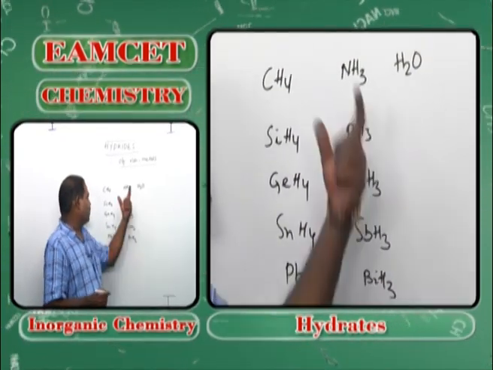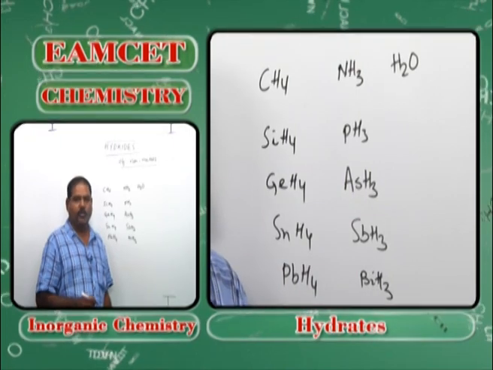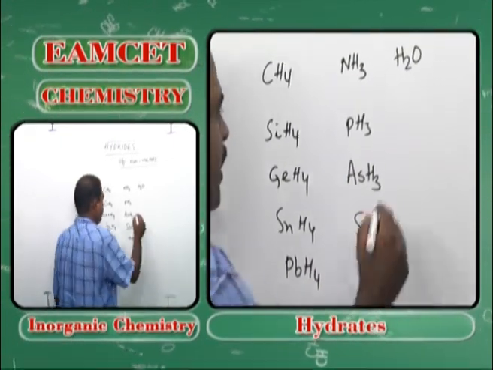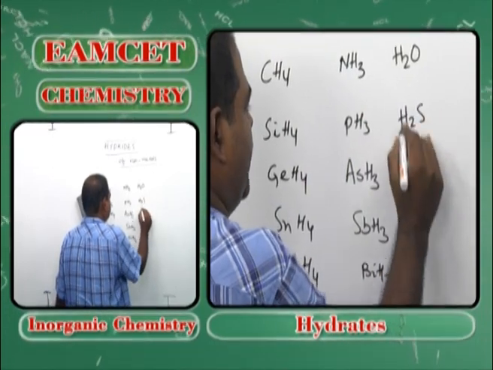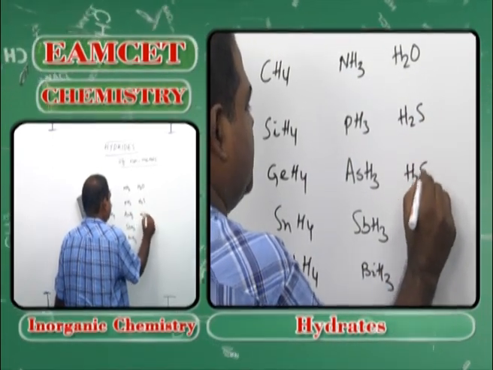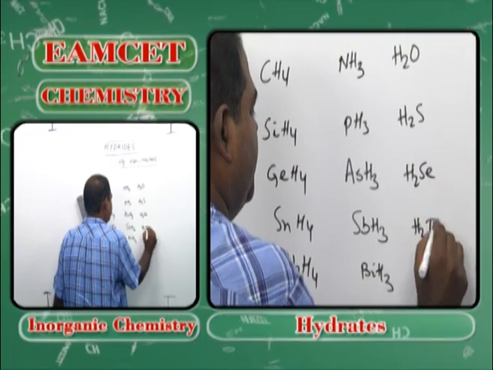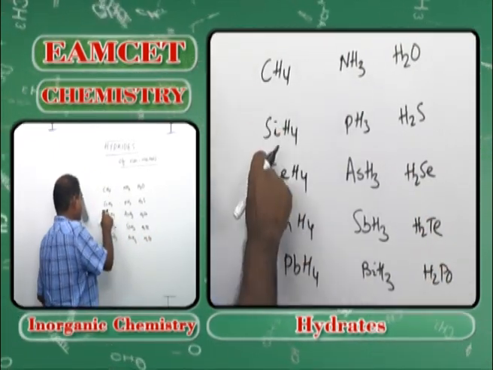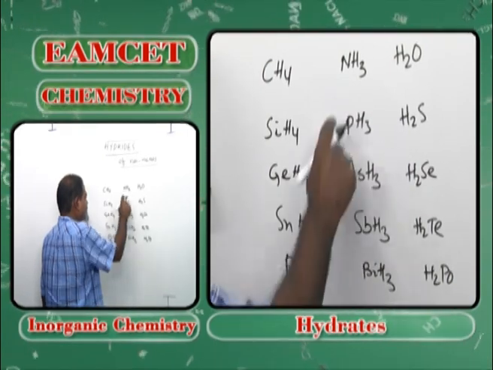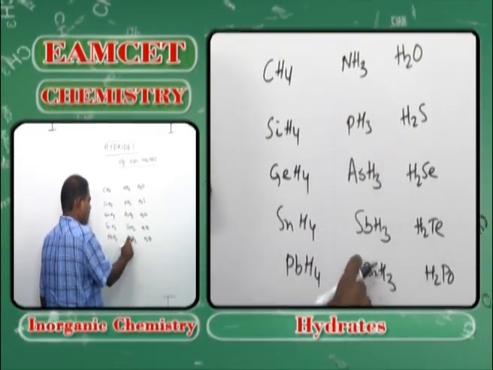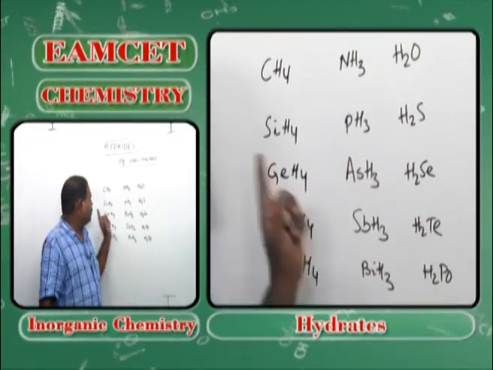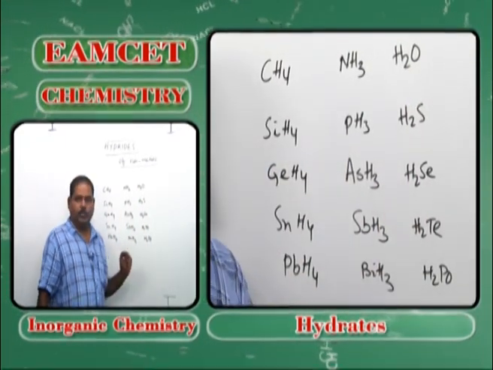Of course, it may be called oxane, but there is no point because it is popularly known as water. Everybody knows water. H2O, H2S, H2Se, H2Te, H2Po. So, carbon, silicon, germanium, stannum, lead, nitrogen, phosphorus, arsenic, antimony, bismuth, oxygen, sulfur, selenium, tellurium, polonium. We have covered three groups.